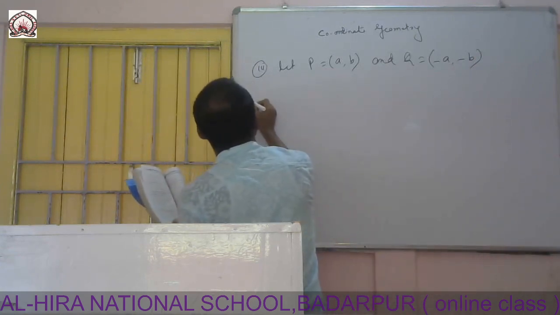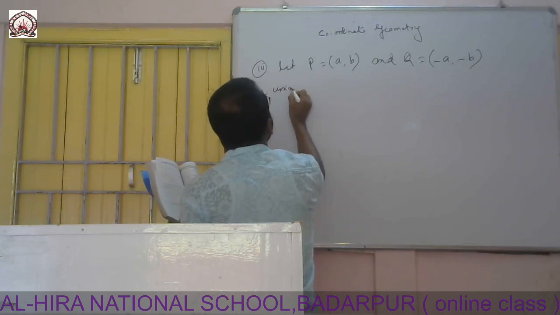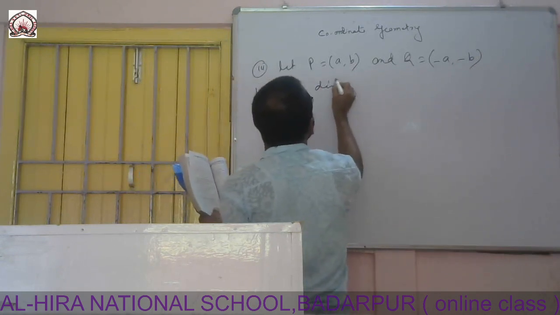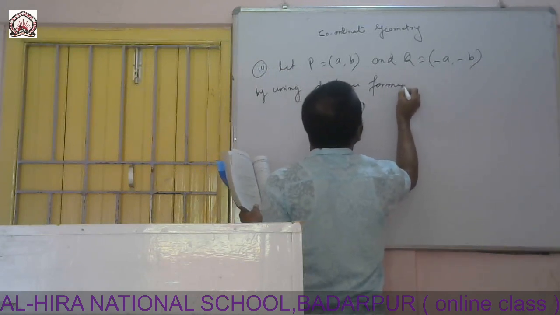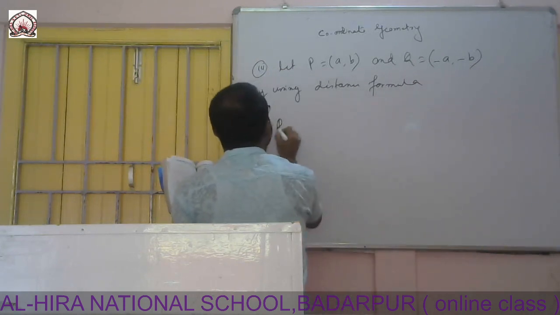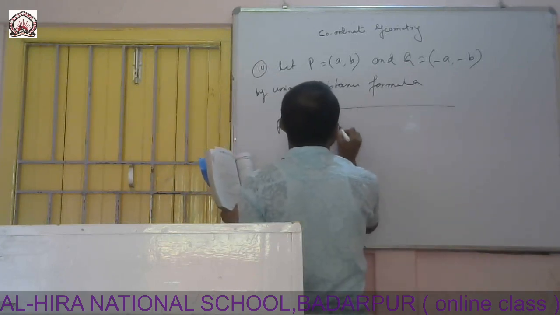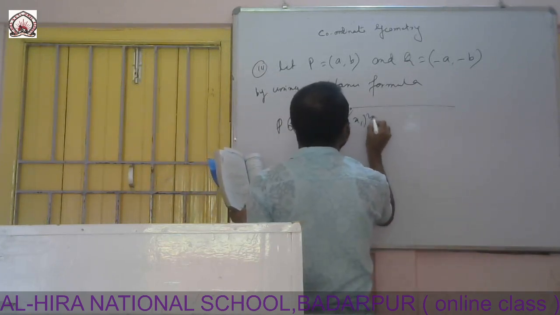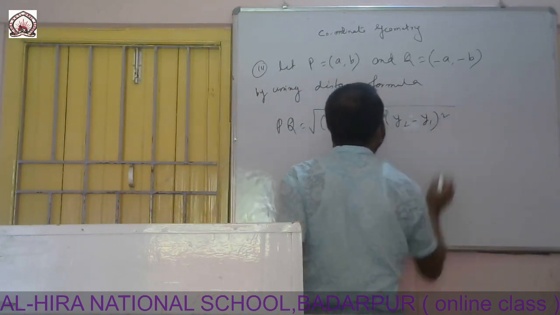So by using the distance formula, PQ is equal to root over x2 minus x1 whole square plus y2 minus y1 whole square.